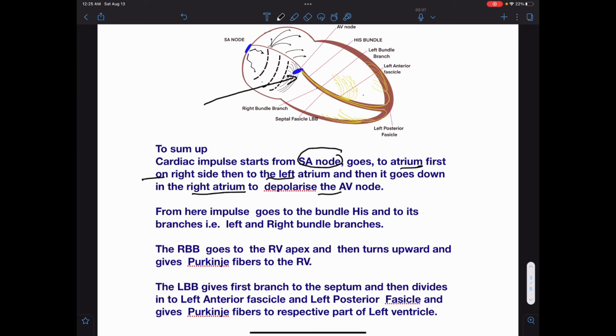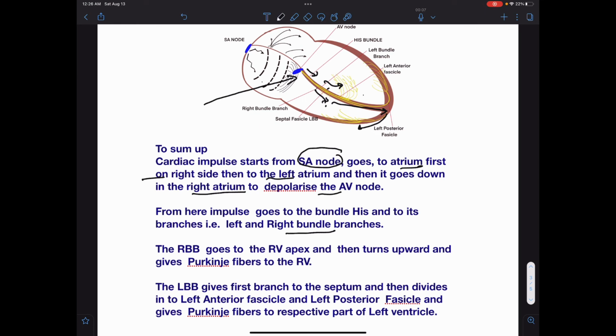From here, impulse goes to the bundle of His, and then its bundle branches, that is the left and the right bundle branch. The RBB, right bundle branch, goes to the RV apex and then turns upward to give Purkinje fibers to the right ventricle.